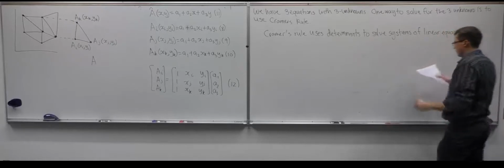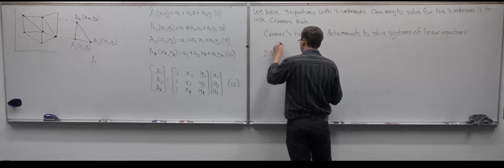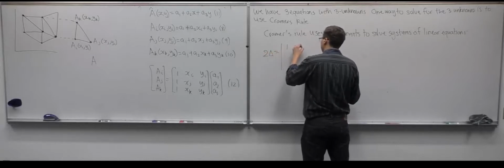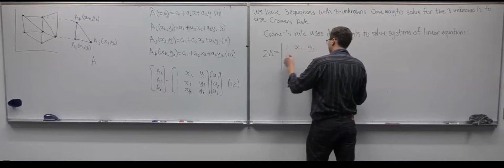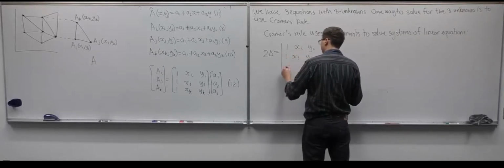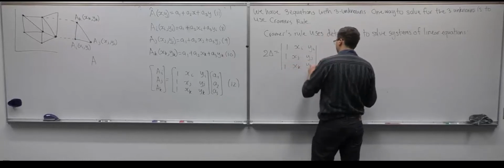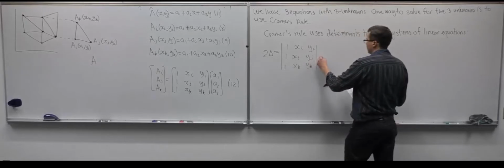So now if we define 2 delta is equal to the determinant with rows 1, xi, yi; 1, xj, yj; 1, xk, yk, and I'll call that 13.